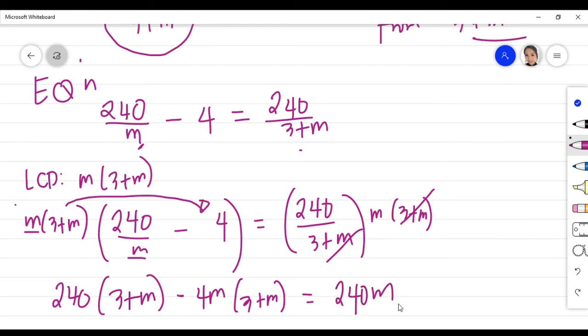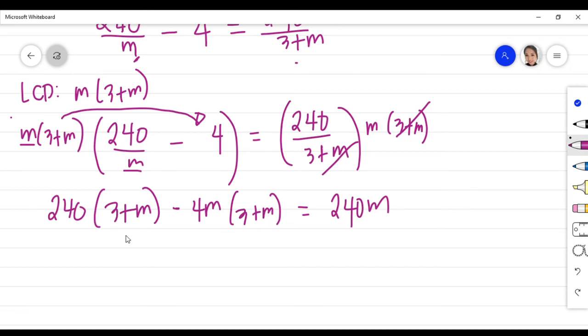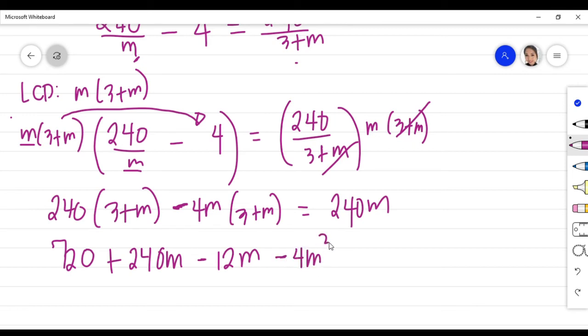So let's distribute that one. 240 times 3 is 720, plus 240m. Negative 4m times 3 is negative 12m. Negative 4m times m is negative 4m squared, equals 240m.